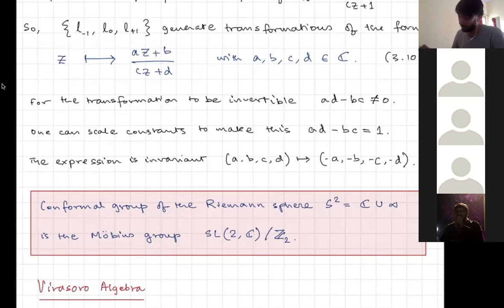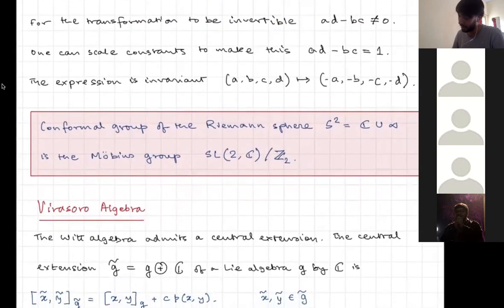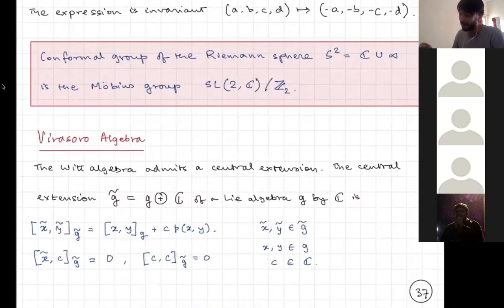Now we said something interesting, something that we didn't really explore. I said that the Witt algebra admits something called a central extension.